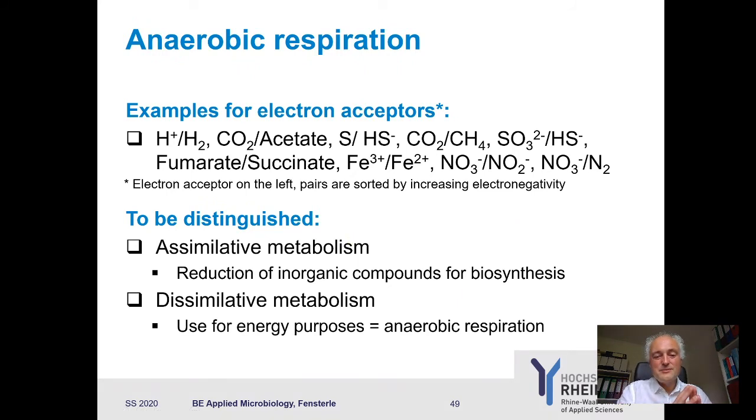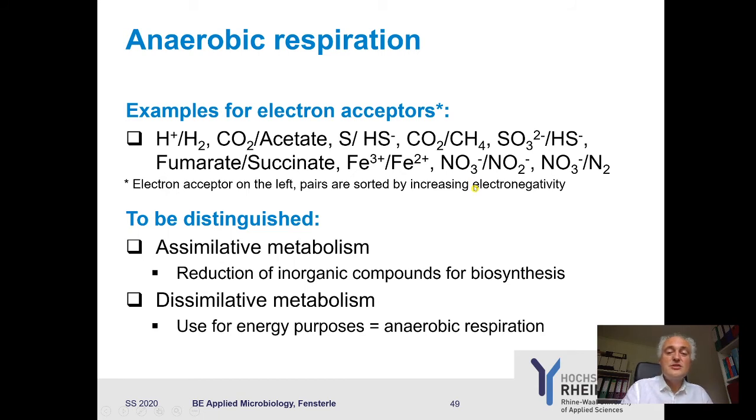Dissimilative metabolism, this is if I produce energy. So I do respiration. I take up, for example, nitrate in order to use that as an electron acceptor, and I spit out nitrite. So this is dissimilative. But of course, if I grow, I also need nitrogen.